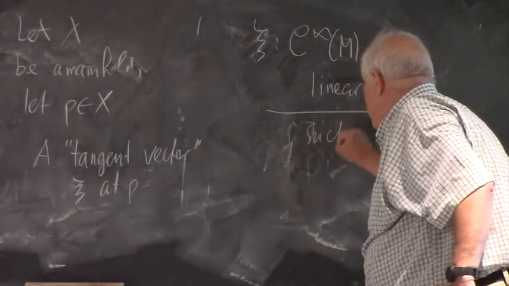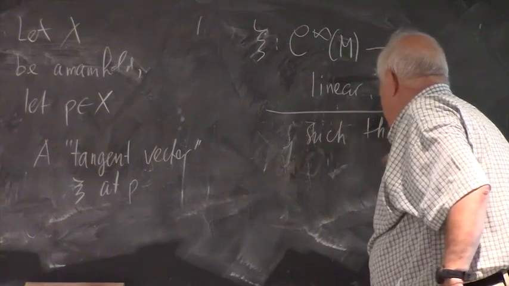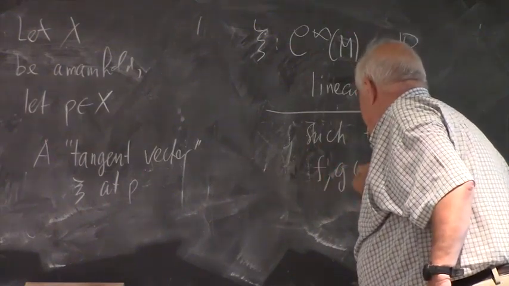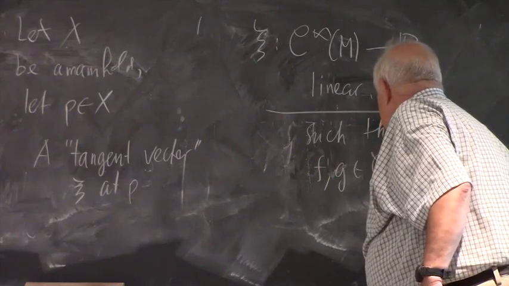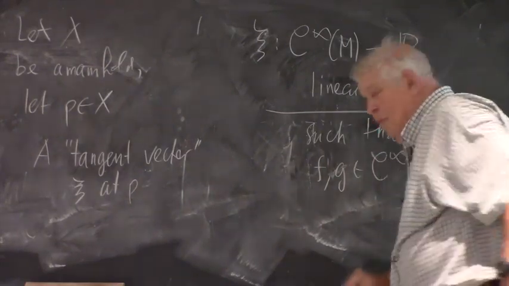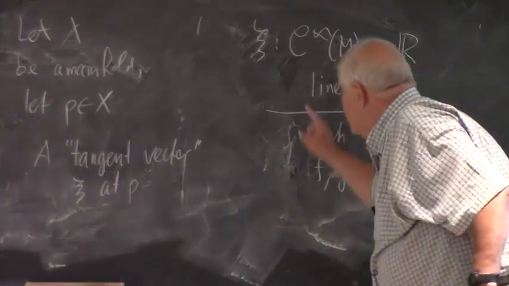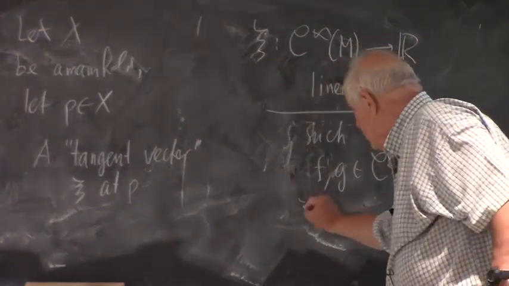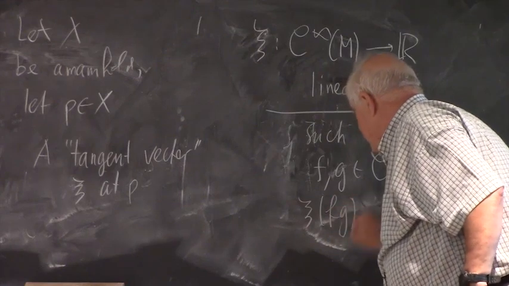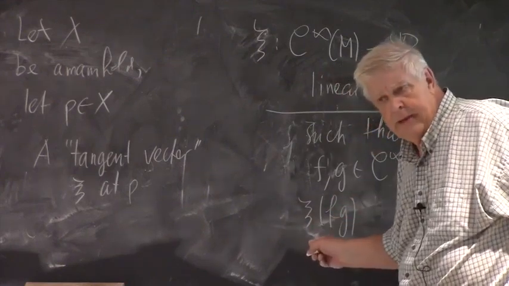Says that if f and g are 2 functions, absolutely arbitrary smooth functions, Xi is defined for every function. So Xi applied to fg, this should be a number, right?